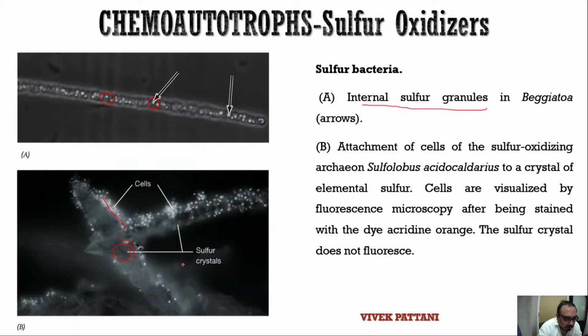To visualize these cells, they were viewed in a fluorescence microscope with the help of the dye acridine orange. The black coloration is due to the sulfur, because sulfur crystals will not stain, so they will not show any fluorescence.